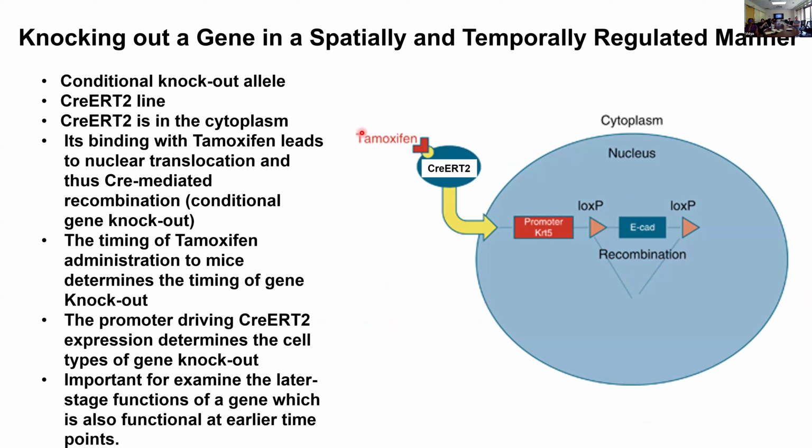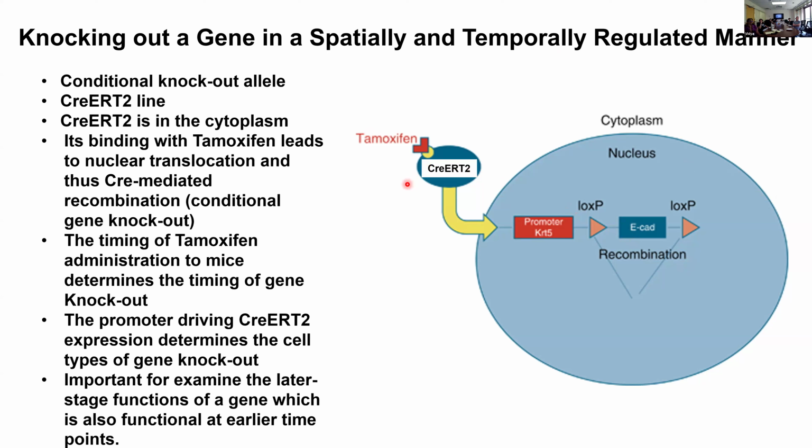One common approach we use is tamoxifen inducible. In this case, you have a Cre, with a renin promoter, for example. I'm just using renin because we all know what it is.